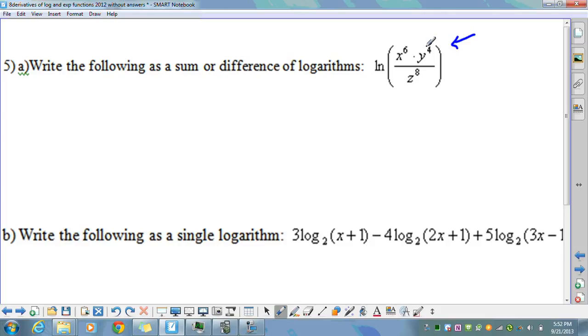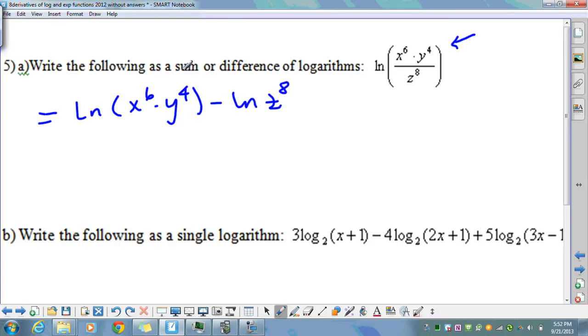It's given to us a quotient. First, let's write it as a difference of two logs, which will be natural log of the top minus natural log of the bottom. And we can further break this one apart. Natural log of a times b is ln a plus ln b.